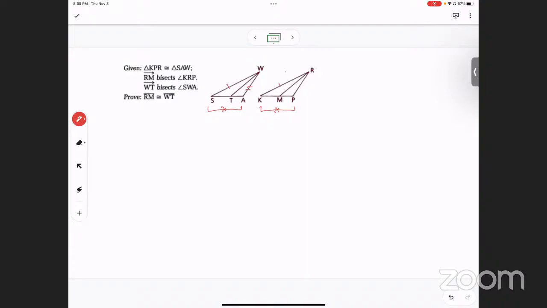So that means these angles are equal to each other, right? Mm-hmm. And these angles, I'm assuming, are equal to each other. Yeah. They want us to prove that RM is congruent to WT.